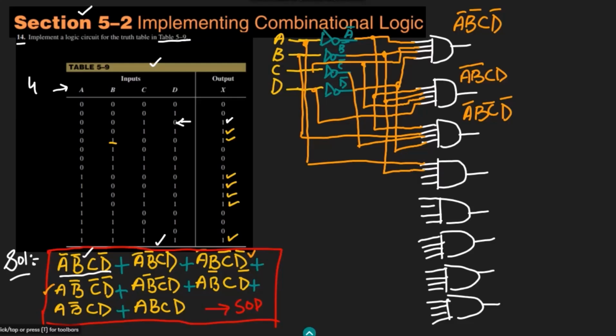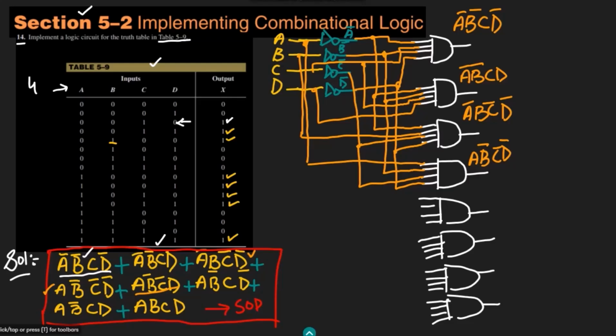And C complement, let me use the C complement which is here, and the complemented D term will also be here. Here I will get A, B complement, C complement. The fifth term here is A, B complement, C complement, D.